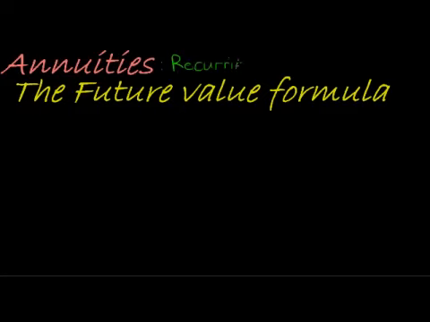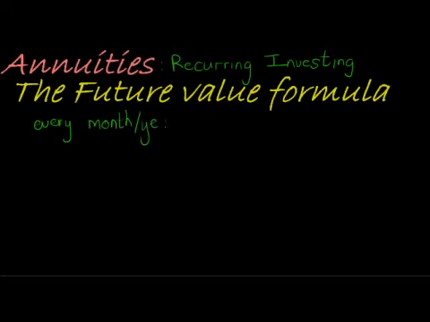Okay, so instead of maybe saving 120,000 once off, you rather invest like 1,000 Rand every month. So it's a recurring investment. You'll often recognize these ones where they say stuff like every month, or every year, or every 3 months.